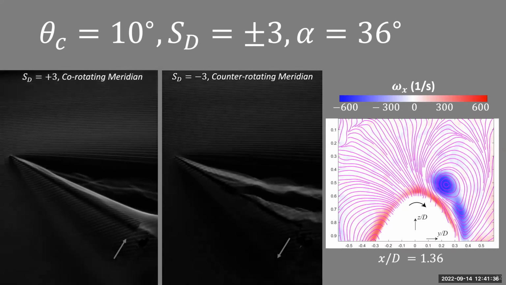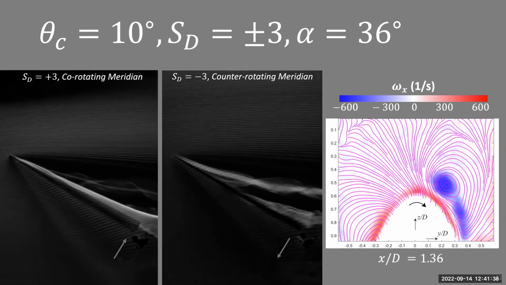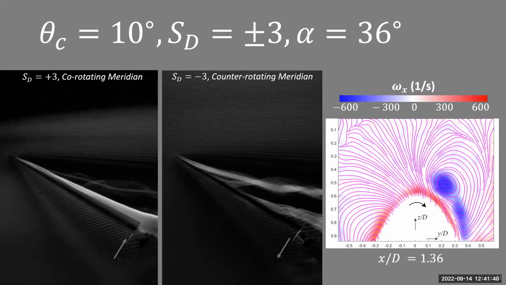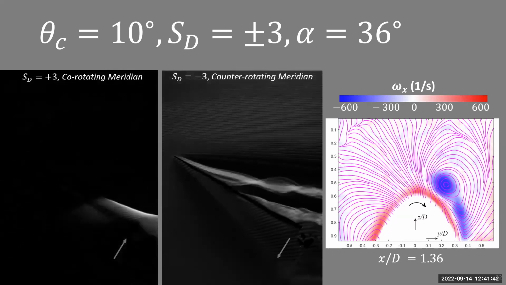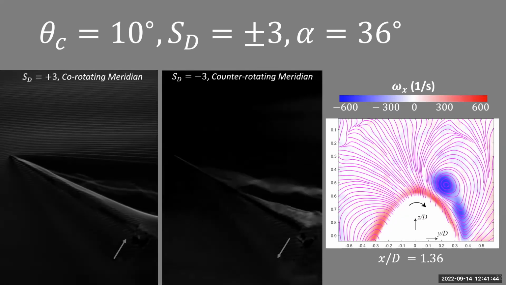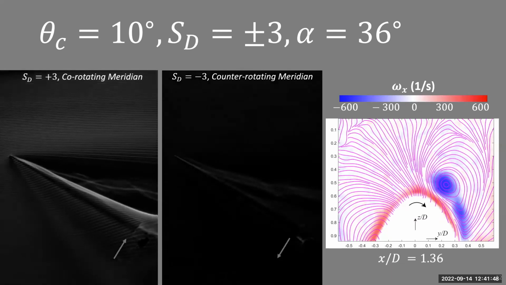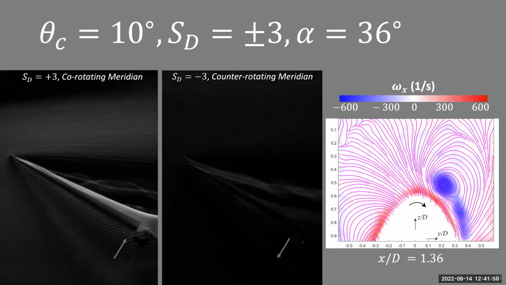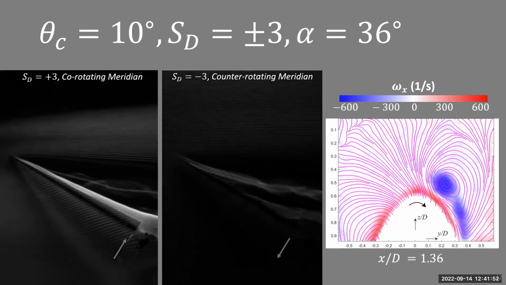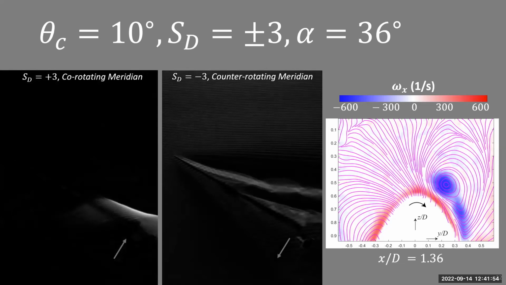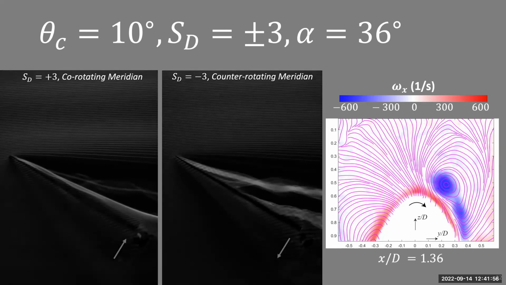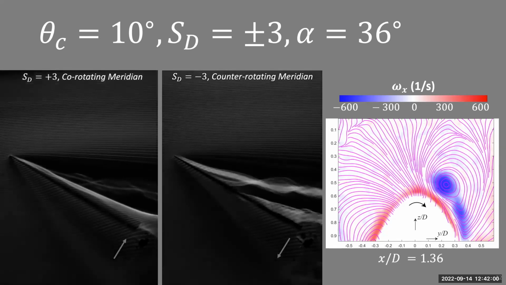If you take a very close look at the co-rotating meridian, you can see these helical patterns forming near the vertex of the cone. That vortex is getting pushed into the direction of rotation. It's getting pulled into the counter-rotating meridian and out of the field of view in this particular case. And we see, again, this strong vortex in the contour, quite separated from the leeward surface.